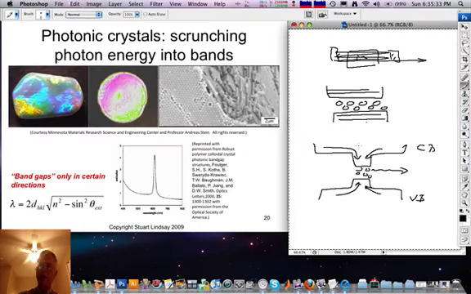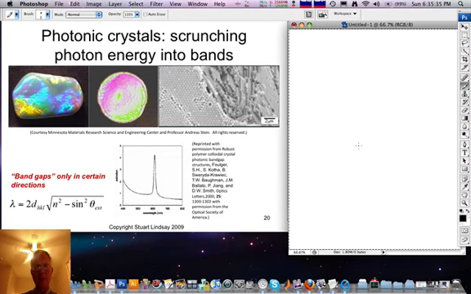Another type of density of states engineering comes in photonic crystals. The basis of photonic crystals is just Bragg reflection, and it's illustrated here for this beautiful piece of opal in which these lovely colors come from the selective reflection of particular wavelengths of light at certain angles in the crystal, where the orientation of periodic material is just right to reflect those wavelengths.